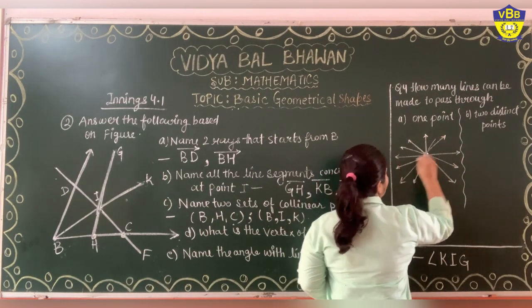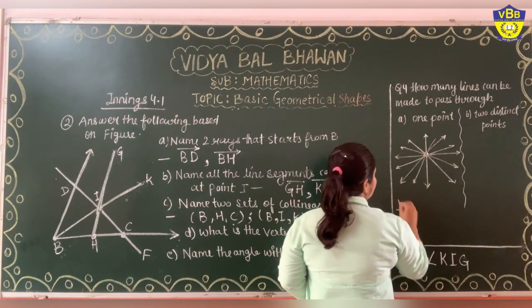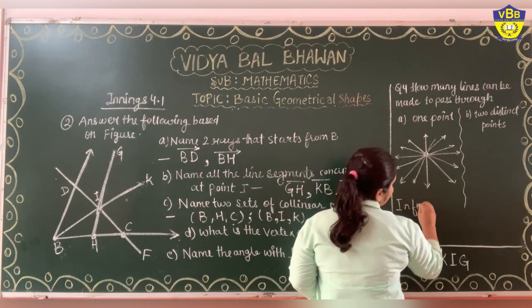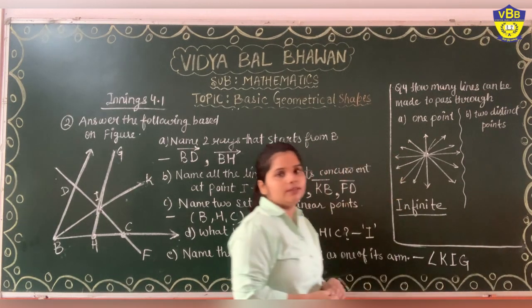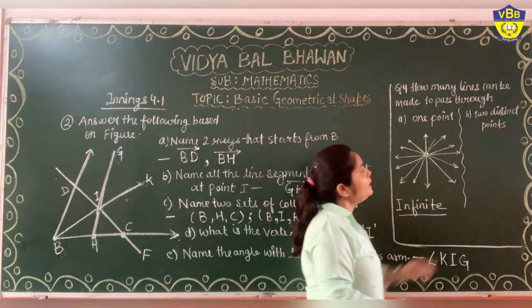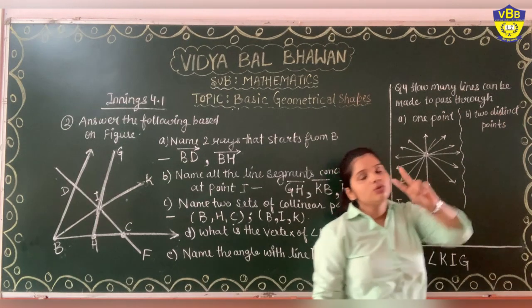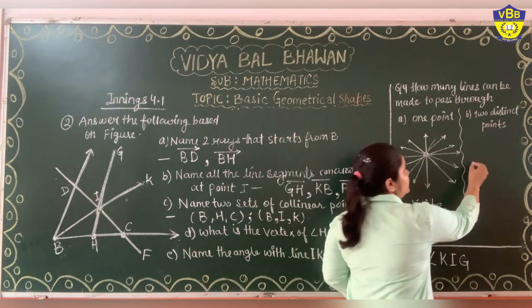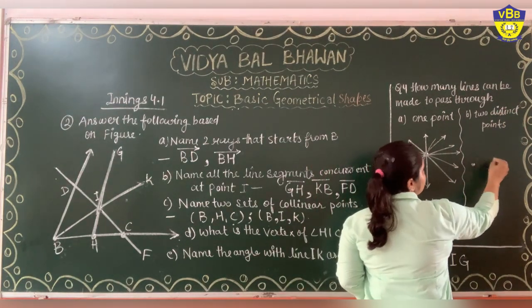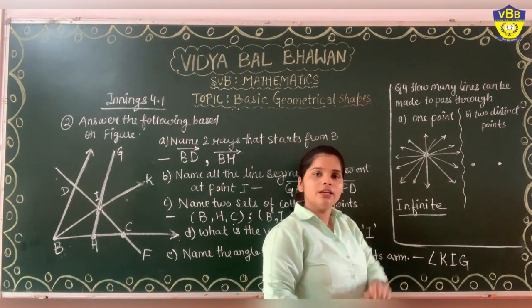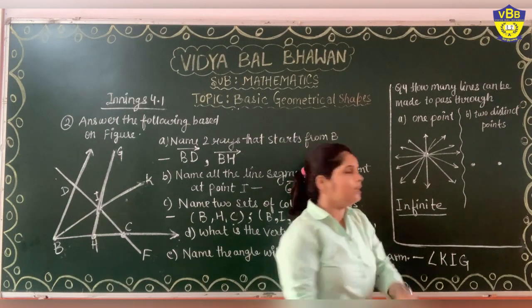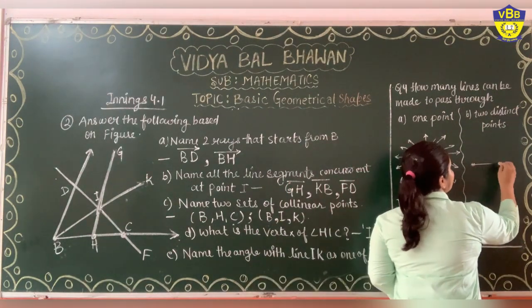So what is the answer of this A part? Infinite. How many lines can we pass from one single point? Infinite. And how many lines can be passed using only 2 points? 1 point, 2 points. How many lines can be drawn from these 2 points? Only and only 1.